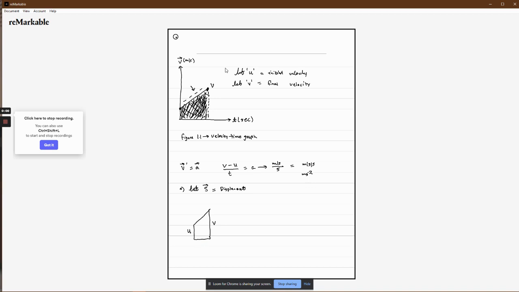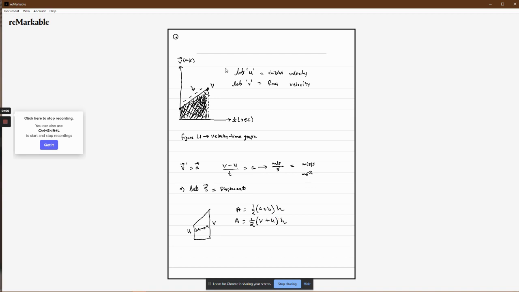As you guys know, the area of a trapezium is A equals half (a plus b) h, where in this case a would be here and b would be here, and they're interchangeable, so the order doesn't matter. Half (v plus u) h.